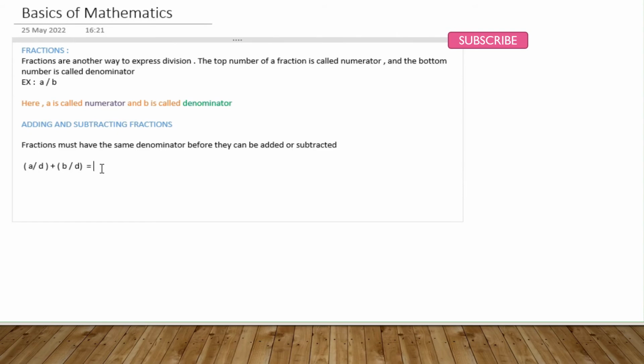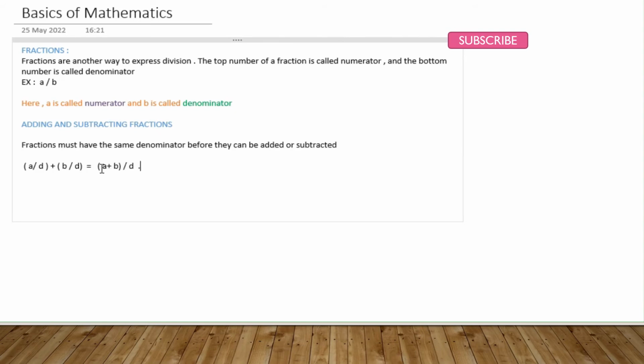So now you can get a plus b divided by d.